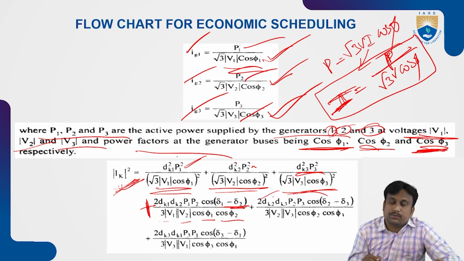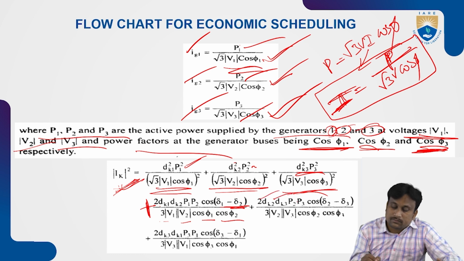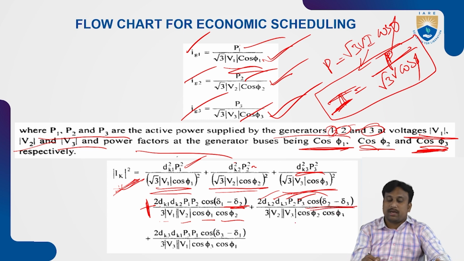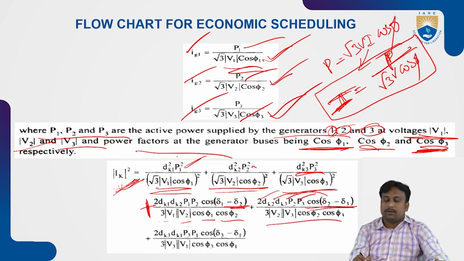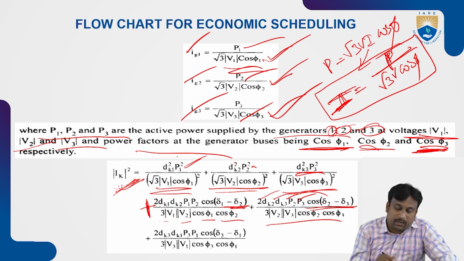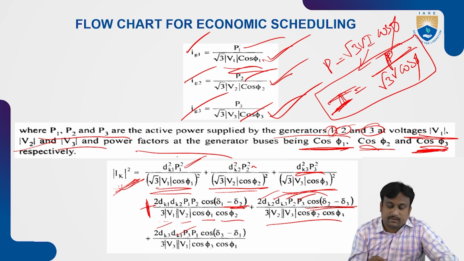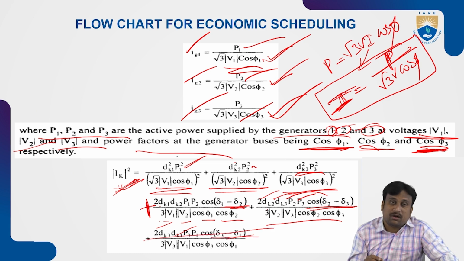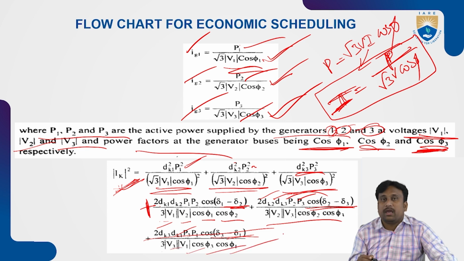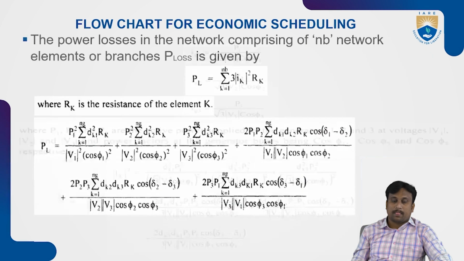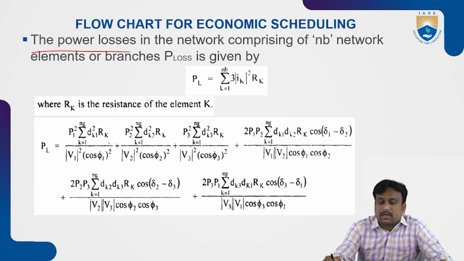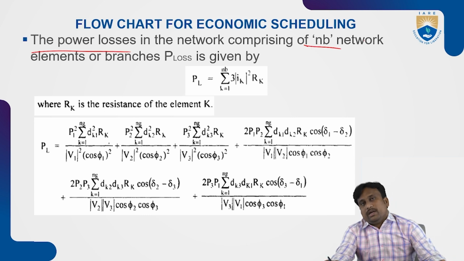Then 2 dk2 dk3 P2 P3 cos(delta 2 minus delta 3) by 3 V2 V3 cos phi 2 cos phi 3, and it will be again added to 2 dk3 dk1 P3 P1 cos(delta 3 minus delta 1), which is the ratio of 3 V3 V1 cos phi 3 cos phi 1.